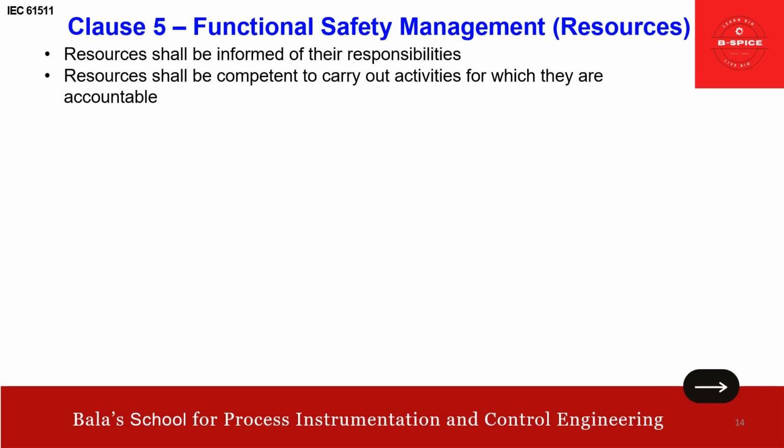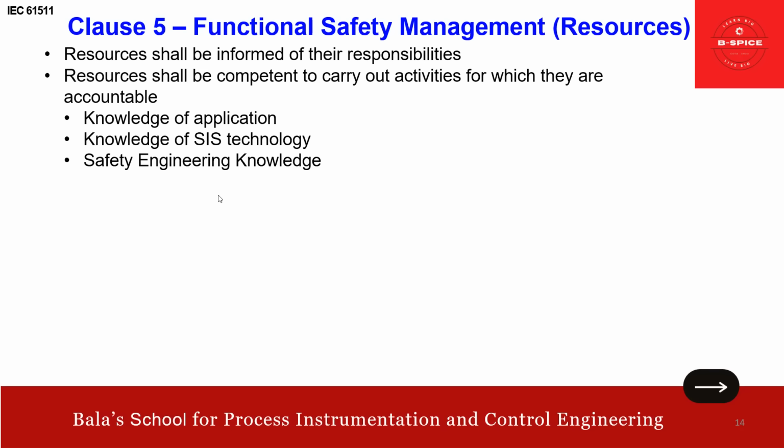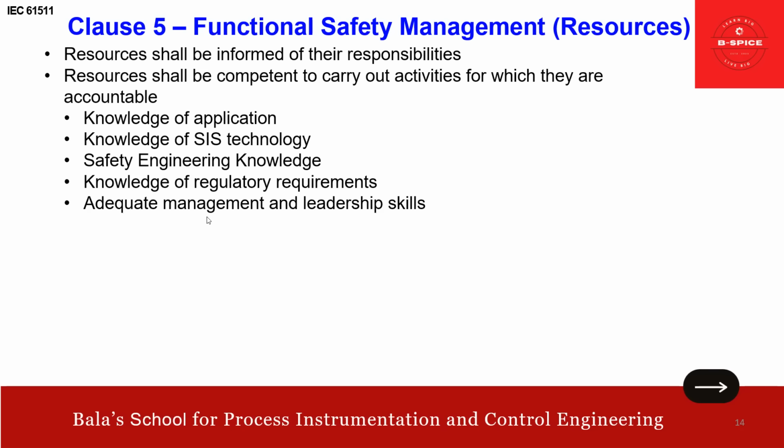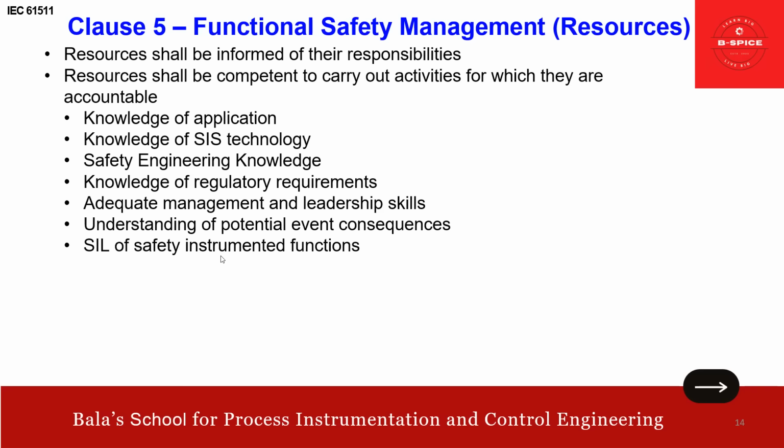Competent in the sense of certification, TUV, and so on. So if you see: knowledge of application, knowledge of SIS technology, safety engineering knowledge, knowledge of regulatory requirements, management and leadership skills, understanding of potential event consequences, SIL of the safety instrumented function, and novelty and complexity of the application and SIS. That's about the resources.